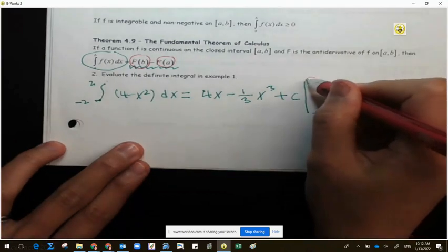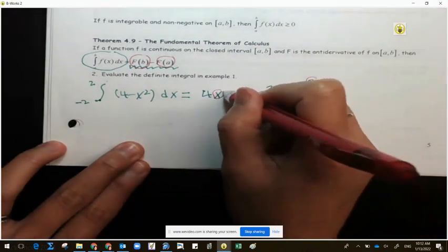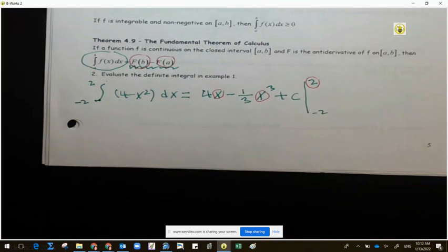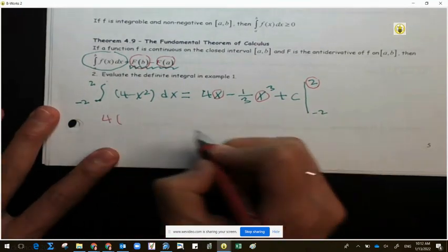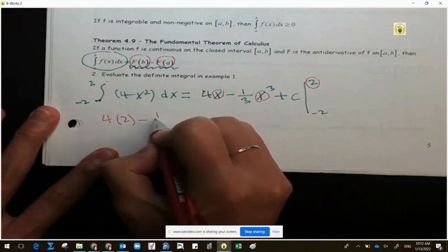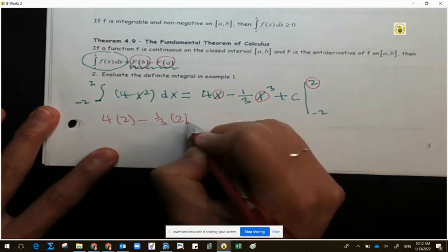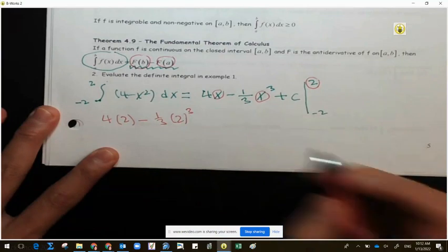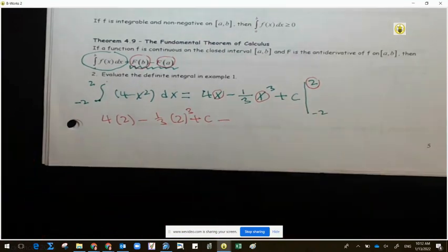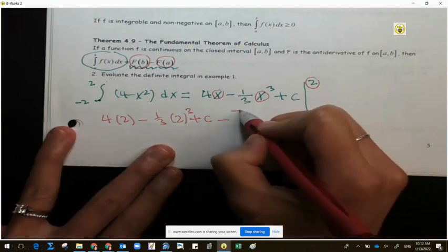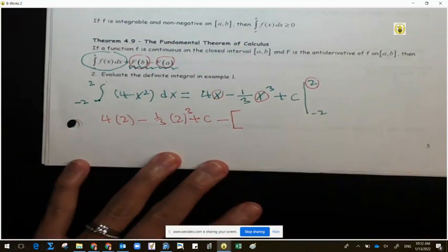We are going to plug this number into my x. And yes, we're not plugging anything in for the c, but we're leaving it as it is. So 4 times 2 minus 1/3 times 2 all cubed plus the c. That was just for f of b. Minus. Now, when you are subtracting, at some point we have to distribute to everybody inside, so I'm going to go ahead and bracket this to begin with.